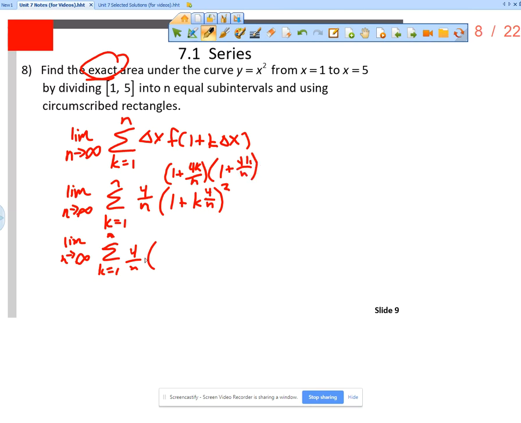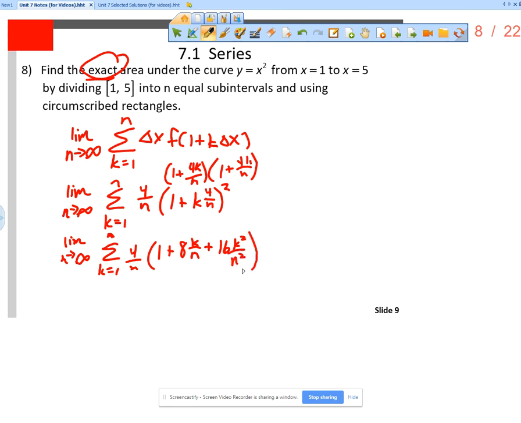So if I multiply that out, I get 1 times 1. Then I get 4k over n plus 4k over n. Remember, 4 is the coefficient, so there's 4 k's over n plus another 4. So there's actually 8k over n, right? So that's easy enough.